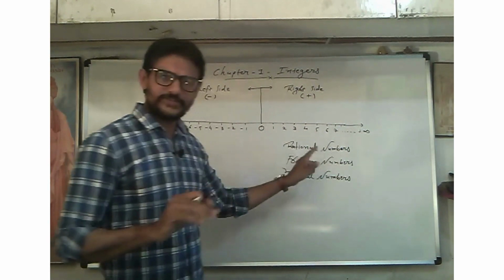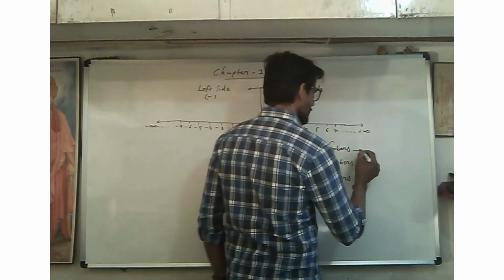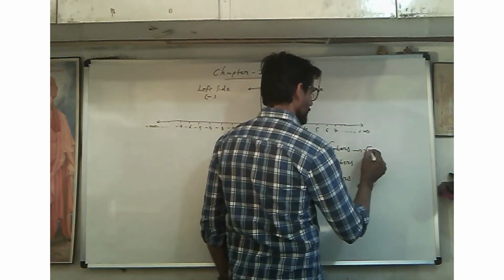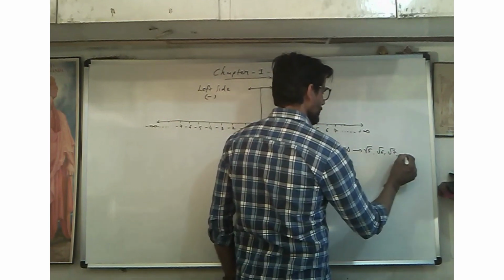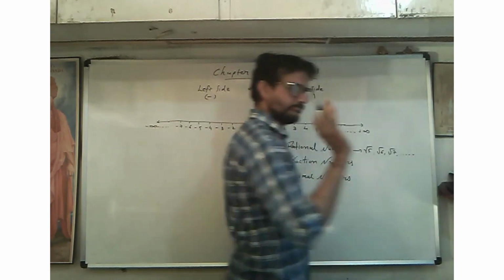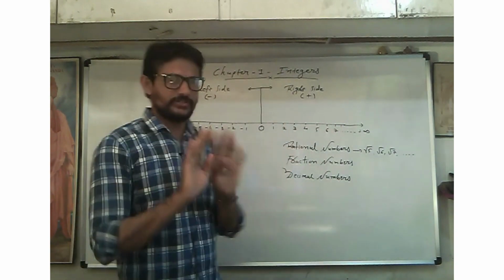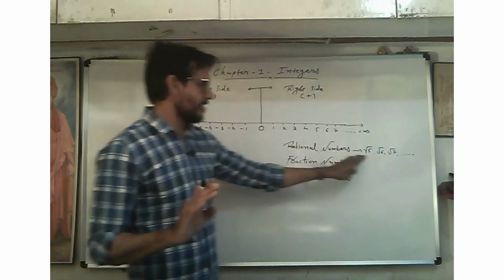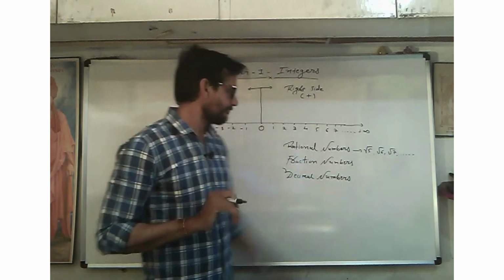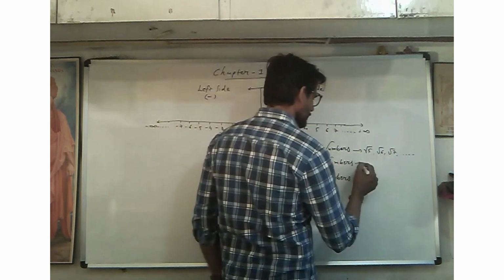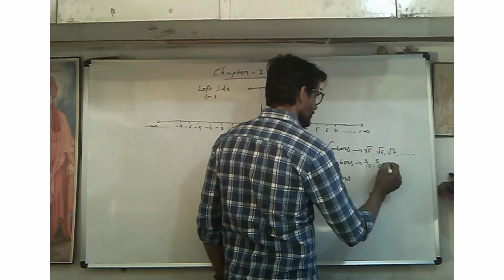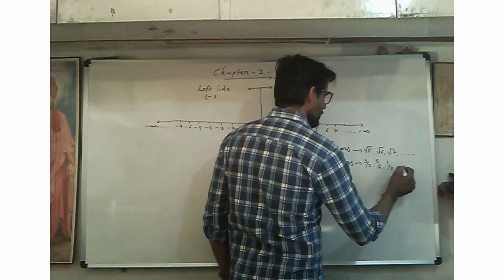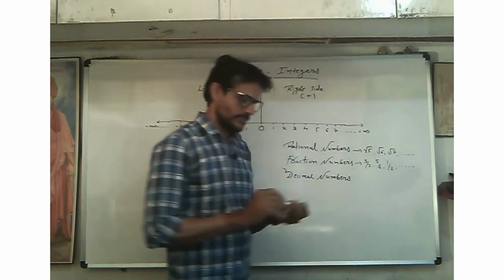What is the meaning of rational numbers? Yeah. Root 5, root 6, root 7, etc. These are rational numbers. All these numbers are not integers. Fraction numbers, 3 upon 2, 5 upon 6, 1 upon 2, etc. and so on.